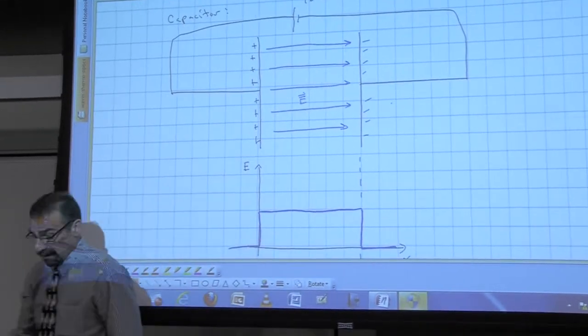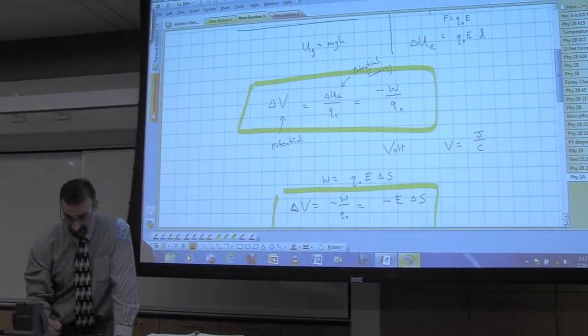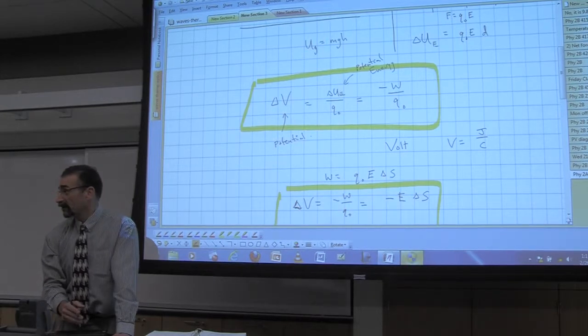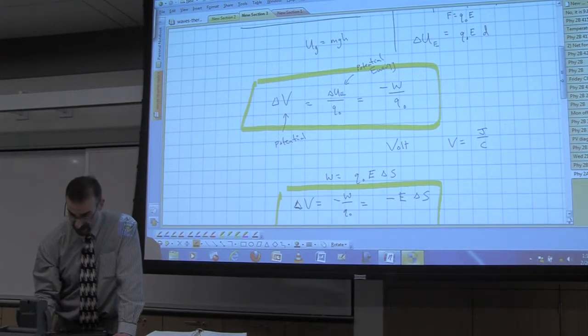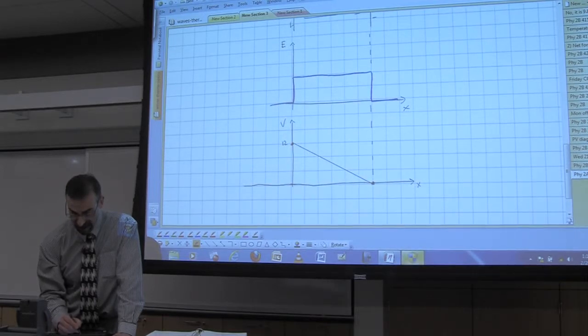So what is potential energy? It's Q times the potential, right? Q delta V. So let's look at this. We would expect our positive charge to have the most potential energy when it's close to the positive plate and the least when it's close to the negative plate.